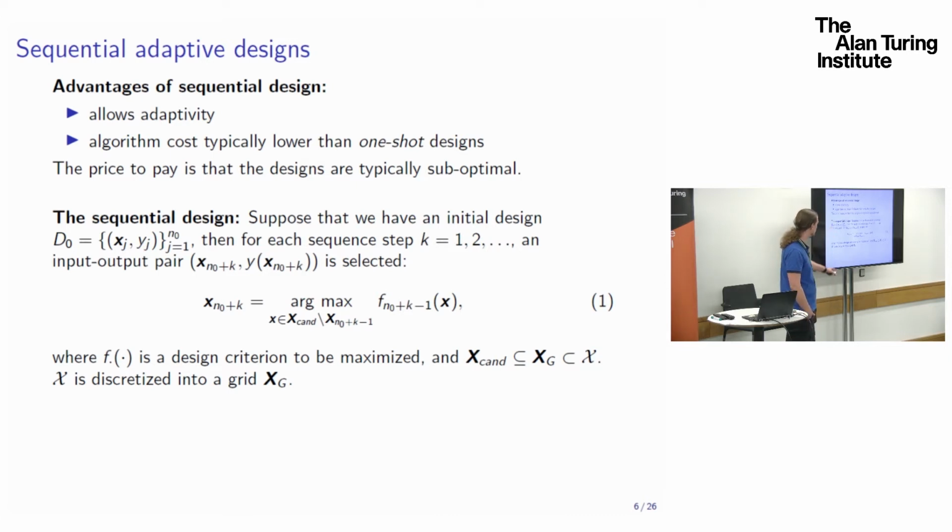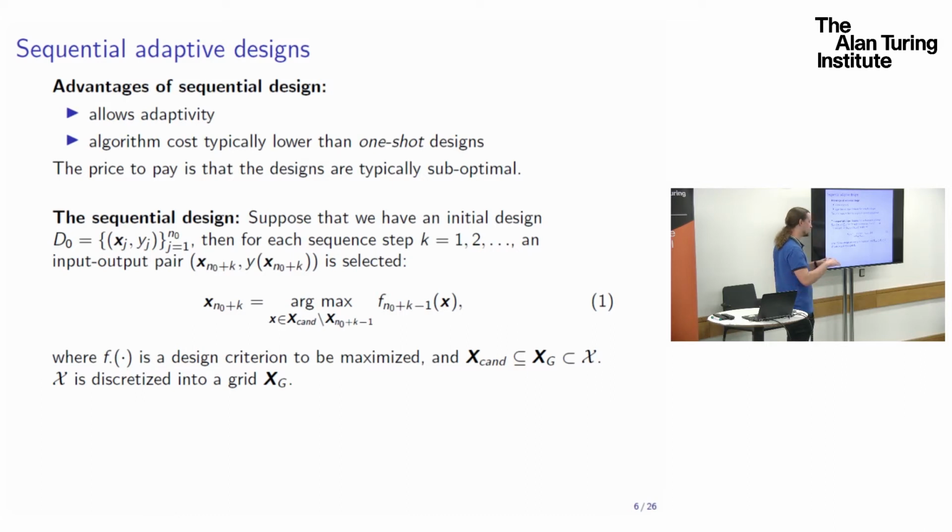X-cand are the candidates in this design space that you're allowed to evaluate your simulator on, that you can pick from. You want to pick the best one in each iteration from that set. And XG is a discretization grid over your design space, which is basically a discretized version of your design space.